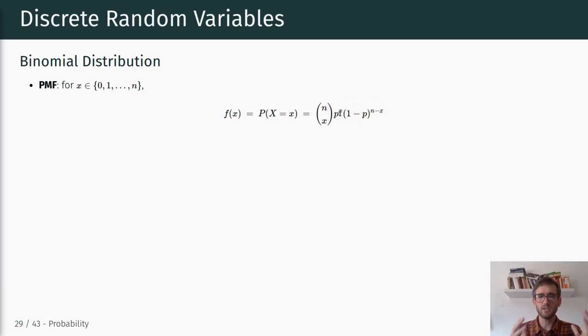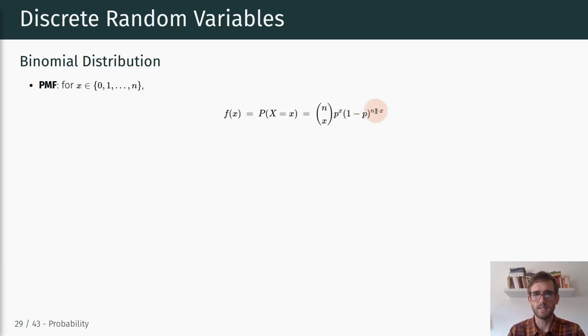And so the underlying logic here is that for every success, that's the success probability p. For every heads, basically you multiply the success probability. For every tails, you multiply 1 minus p.